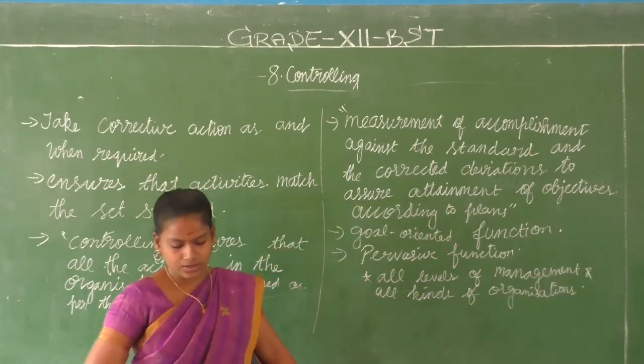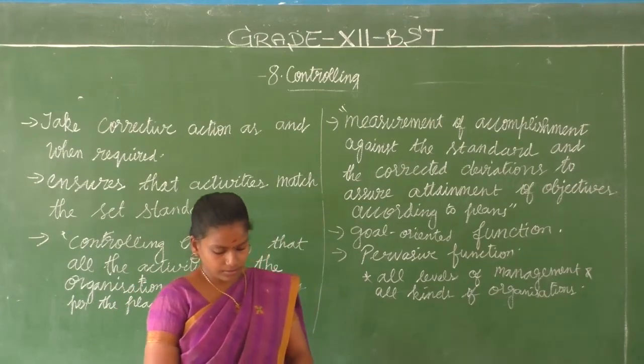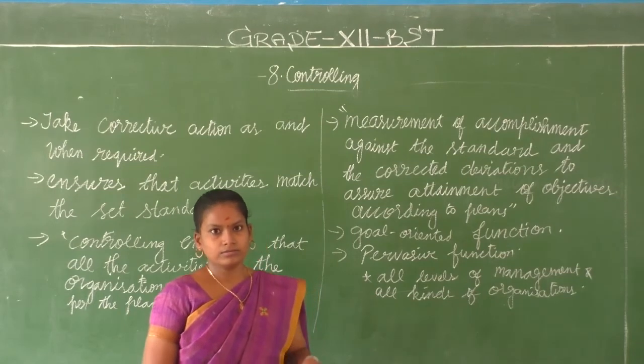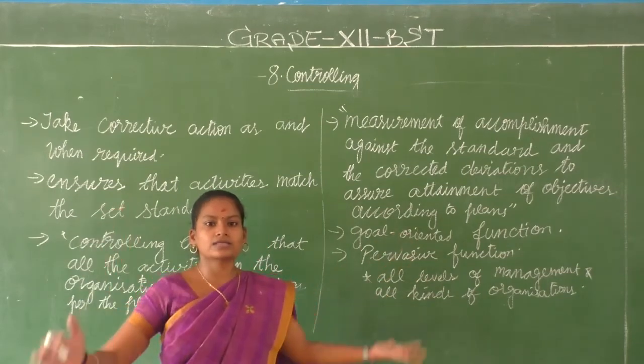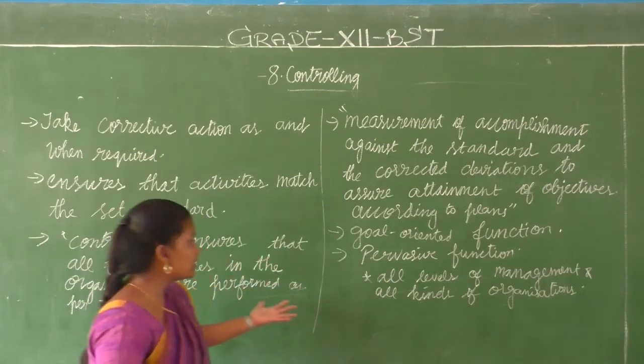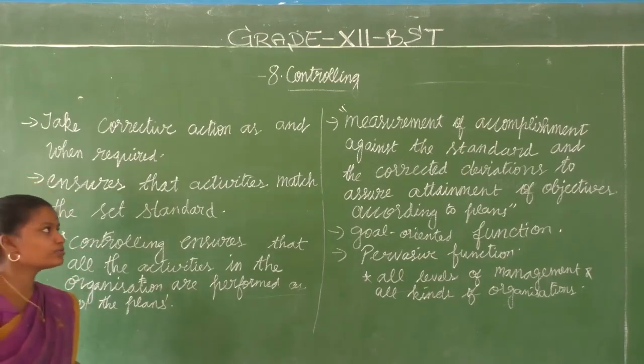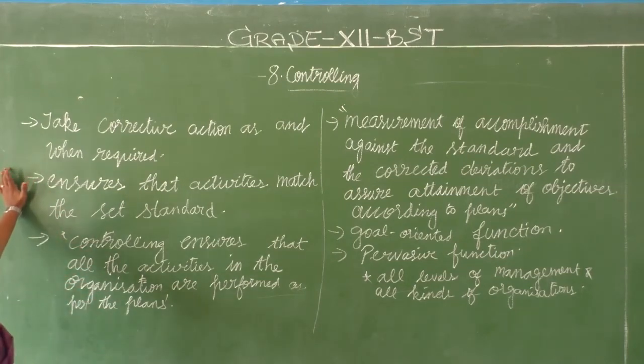Alright children, so this is about controlling. And what else? It is a function that brings back the cycle to planning. We think this is the last function. No, this is not the last function, but it restarts the cycle. Okay, let's quickly recall this and go to the next point. So what is it about? Corrective action. It is taking corrective action.